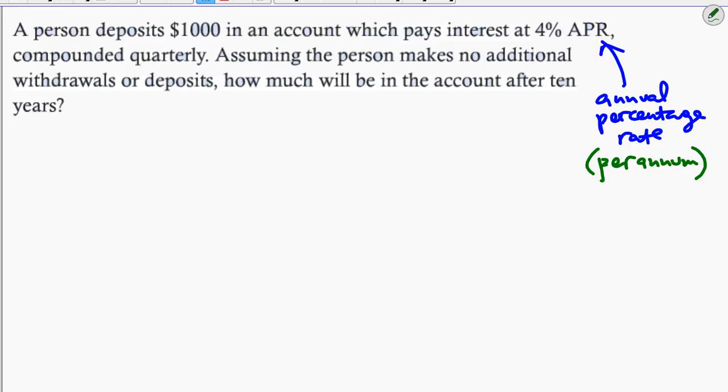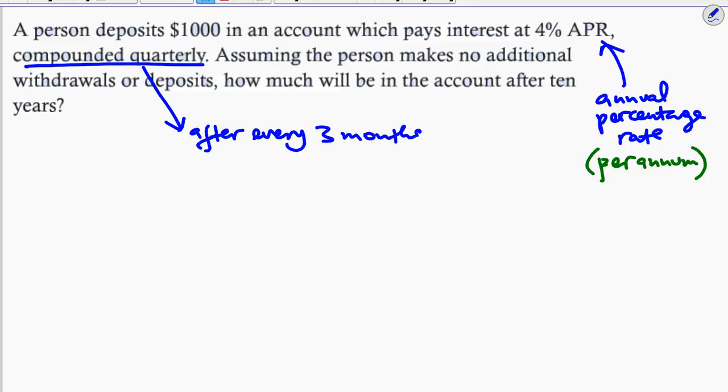Now, compounded quarterly means after every 3 months, which basically means that your money gains interest quarterly in a year, or 4 times in a year.